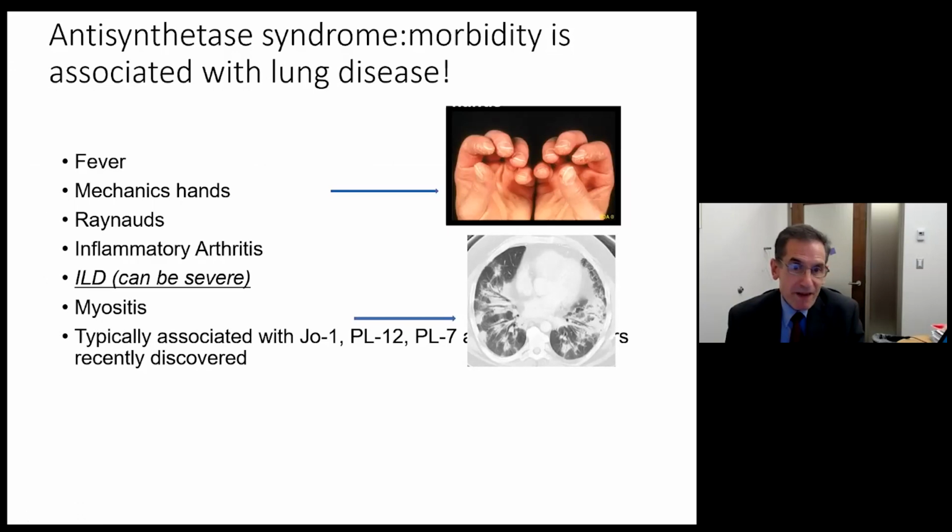Here's an example of a particular type of myositis syndrome called the Antisynthetase syndrome. The morbidity and mortality associated with this phenomenon is mostly linked with lung disease.